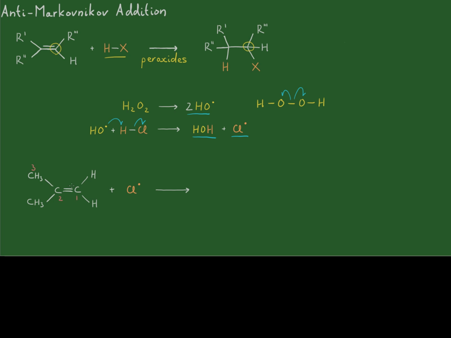So one of these electrons will react with the radical, and the other will end up on a carbon. And as a result, we will have something like this. The chloride ends up on carbon number 1, whereas carbon number 2 is now a radical. It has a spare electron.